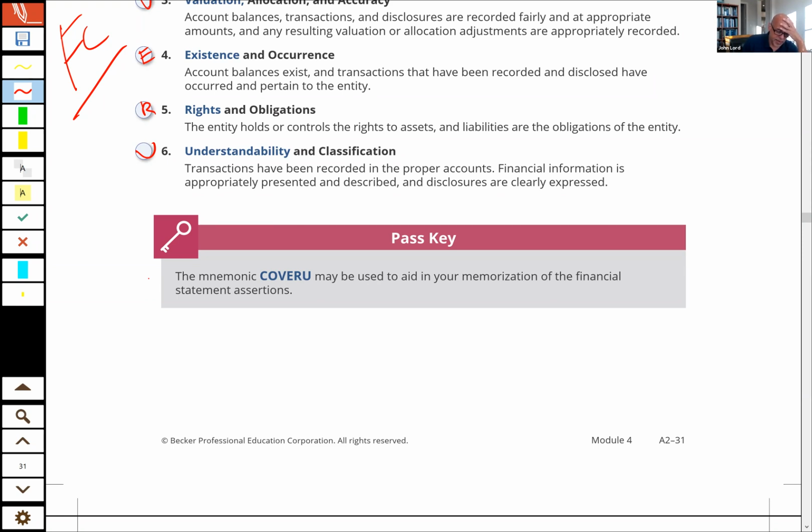Let's say we have the financial statements. Then what supports the financial statements? The GL.